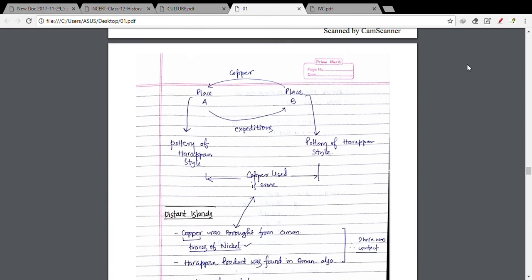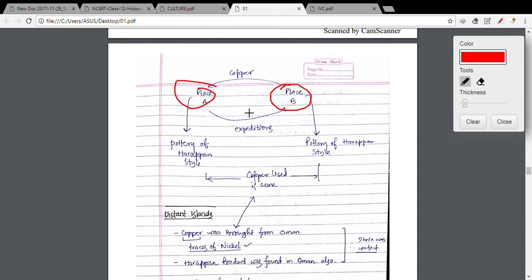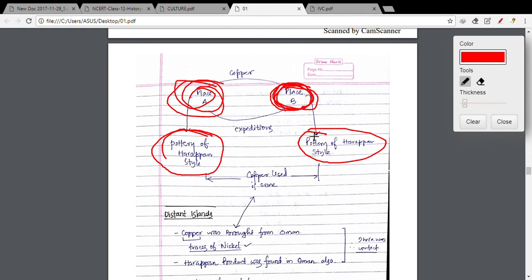Now if we look at the picture, let's say there is a place A and there is a place B. Place B is famous for its copper storage, and place A wants that copper to manufacture something, potteries for example. So if something is getting produced in place A, it is going to have a resemblance of Harappan style, but if the same copper is found in place B, that will not resemble the Harappan style.